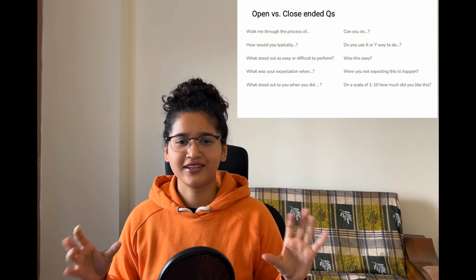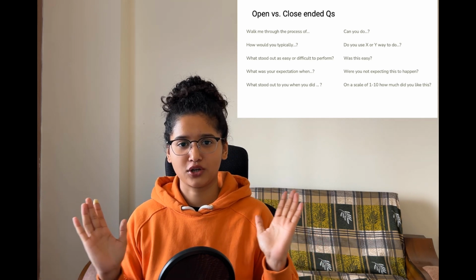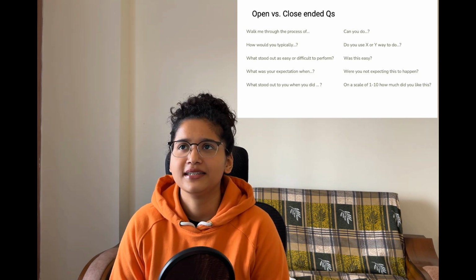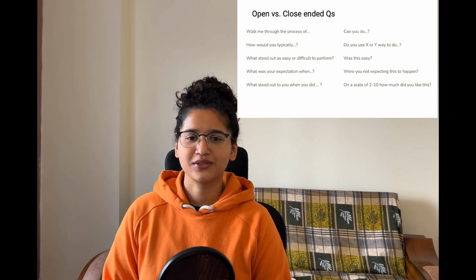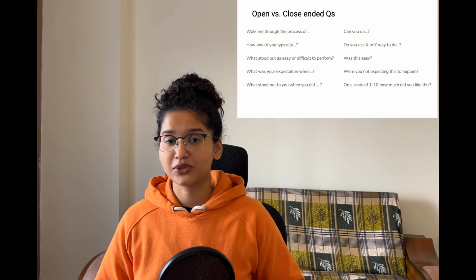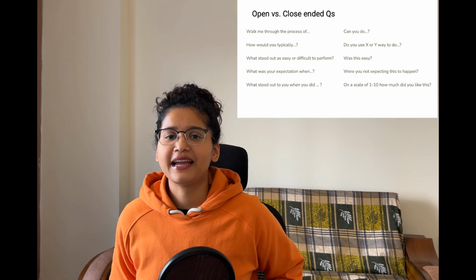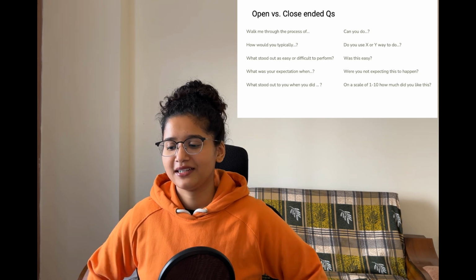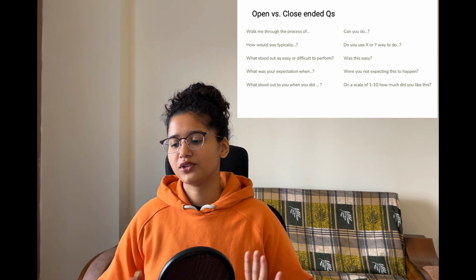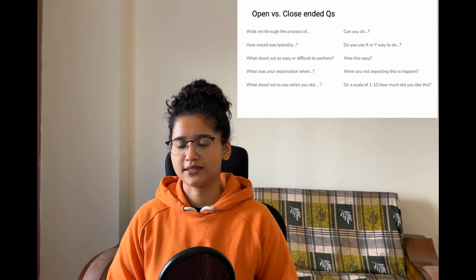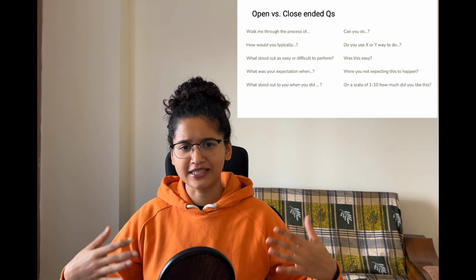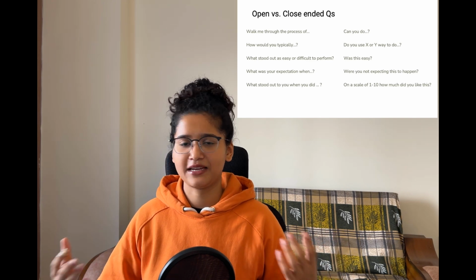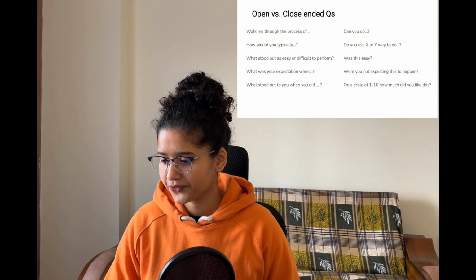So instead of phrasing your questions in a closed manner where the person can only answer with, yeah, it was fine, or no, this was not, or making the person biased or inclined to say, oh yeah, this was easy now that I think about it. Instead of doing that, we want to make sure that the language is a little inclusive. It's open-ended, it's not biasing them to lean towards one or the other.